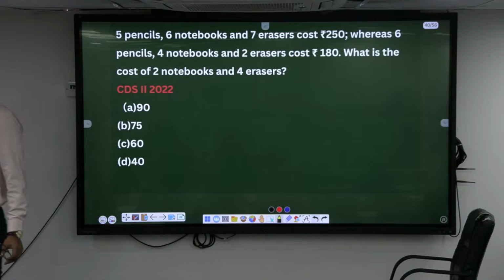You have to solve an equation here. We require only notebooks and erasers, so remove pencils.